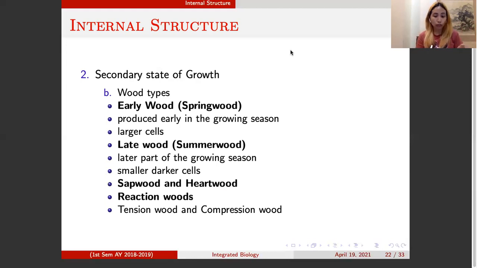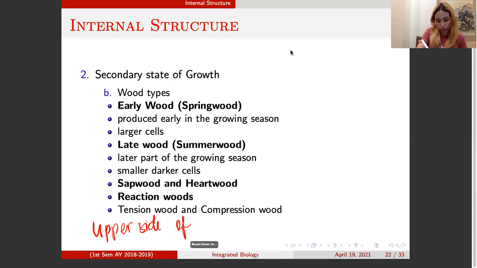So tension wood is a type of wood, okay, that is commonly produced at the upper branch of the dicot or woody dicot branches, no? So this is produced in the upper side of the branch.